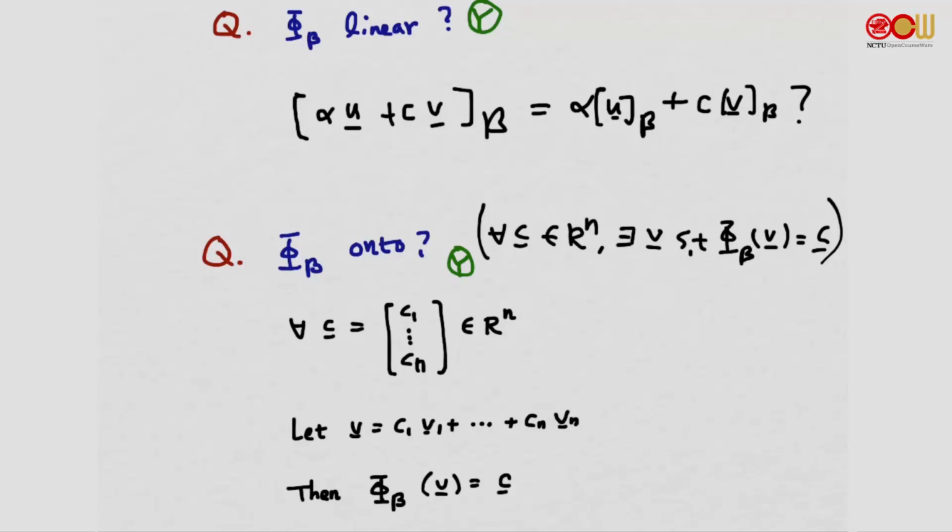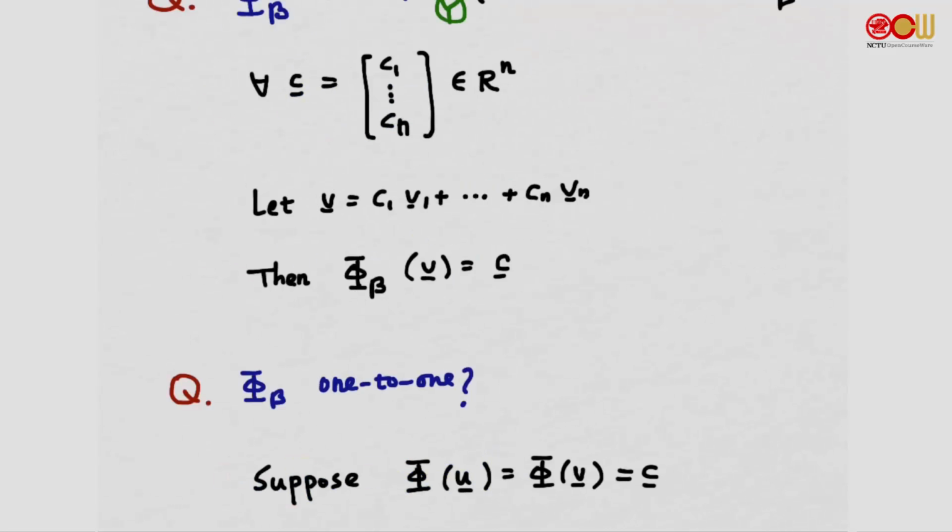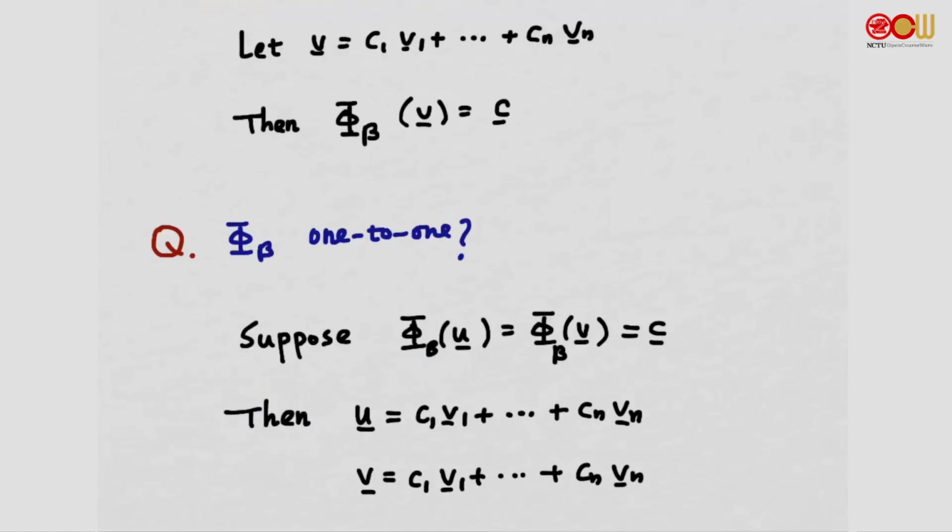Well, now you know what the next question is, right? The question of onto always goes together with the question of one-to-one. Is phi B one-to-one? Let's say we have two vectors u and v, both of their images are C. So what does this mean?